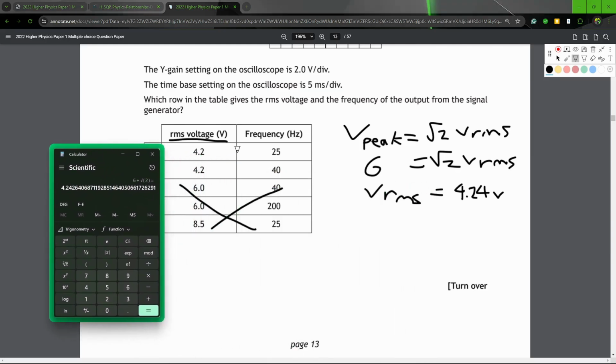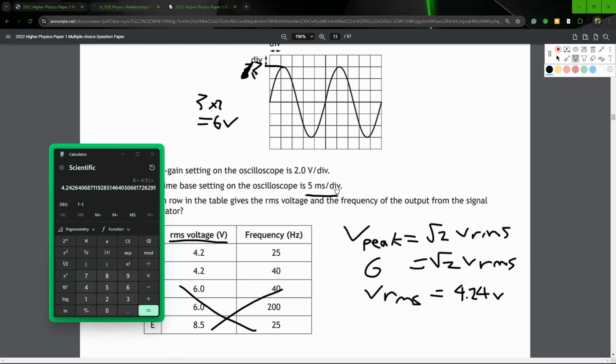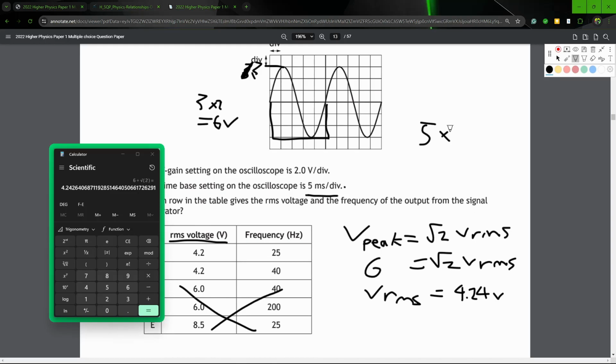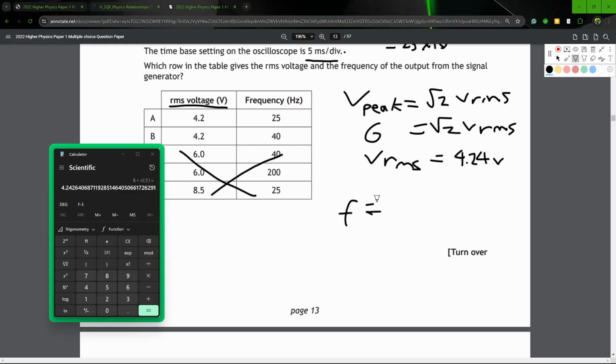We usually figure out the frequency is 25 Hz or 40 Hz. So we want to find the frequency, so we want to find the period. The period is when the wave exactly repeats. So you see here, this is one complete wave over 5 boxes exactly. And so we know it's 5 milliseconds per division. So that means 5 times 5 is 25 milliseconds. Which means it's 25 times 10 to the minus 3 seconds, right? And then to calculate the frequency from that, it's the inverse.